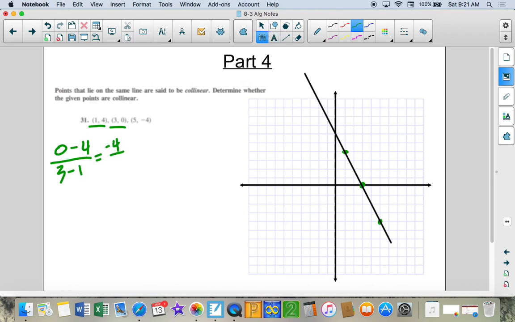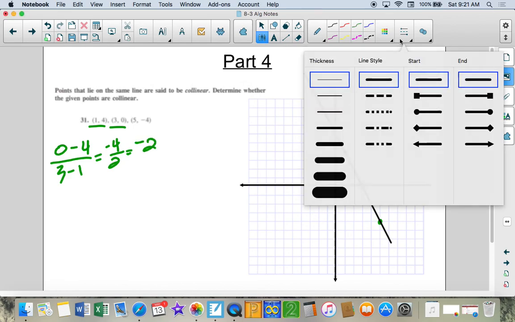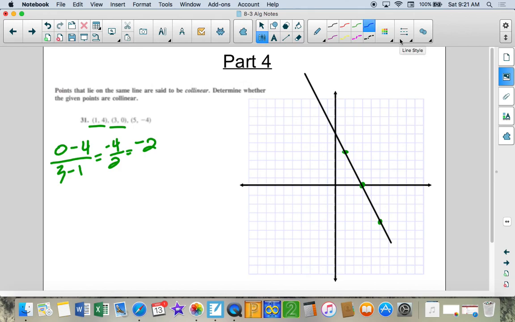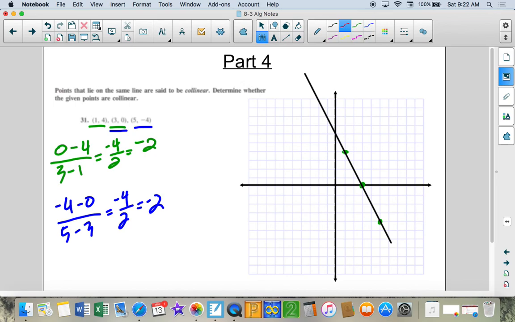So I get -4/2 or -2 as my slope between those 2 points. Now I'm going to find the slope between these 2 points. y sub 2 minus y sub 1 over x sub 2 minus x sub 1, we get -4/2, which equals -2.